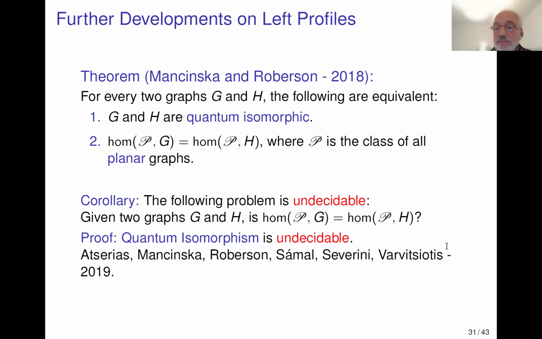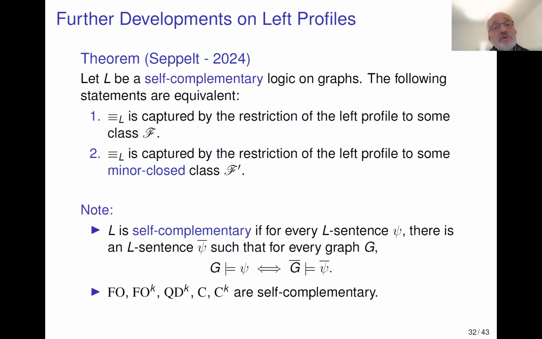Okay, in the remaining 10 minutes or so, let me mention one more result, by Tim Seppelt. Seppelt just got his PhD last November at RWTH in Aachen, a student of Martin Grohe.